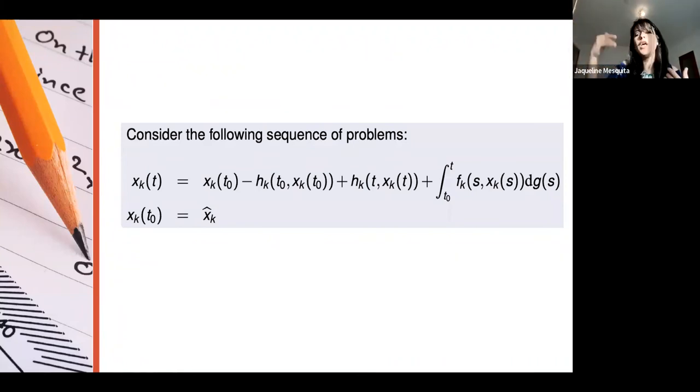So also the other way around, we are trying to see if we can extend these types of results to that.